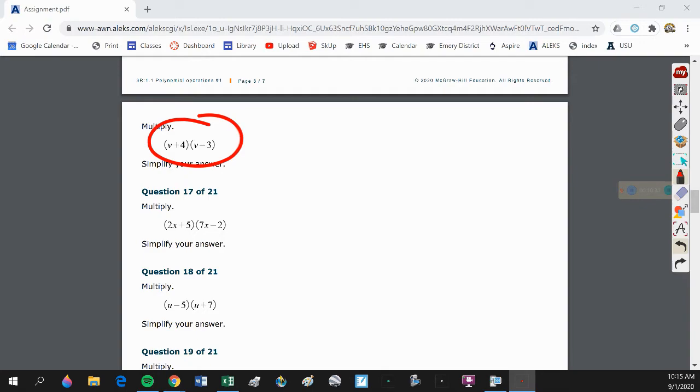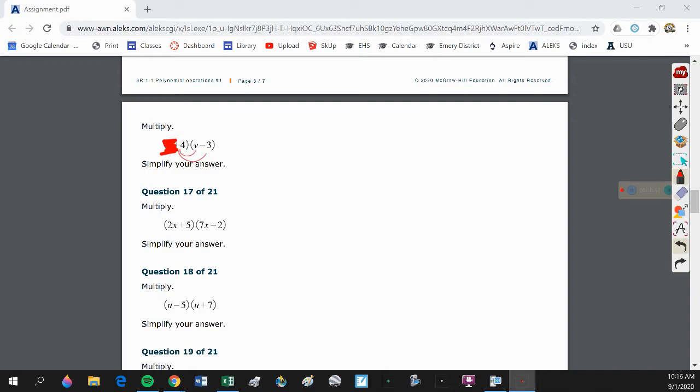And what I mean by that is, if that 4 was not there, and it was just v times v minus 3, then I would do this. Just like we did in the previous two problems, right? And if this was not there, then I would just multiply like that.